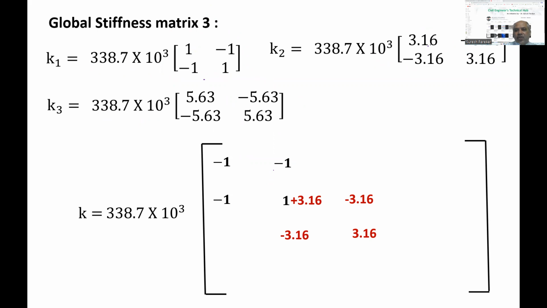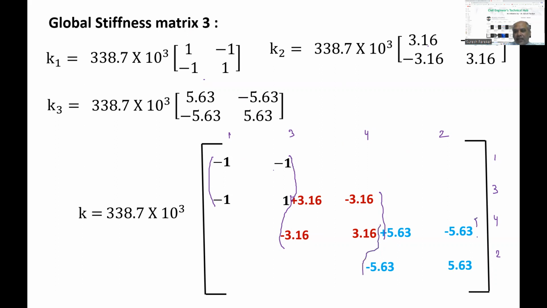Then we have 3.16, minus 3.16, because we have this as 1, 3, 4, and 2. And same here, 1, 3, 4, and 2. So if you see, we have this matrix as 1, 3 related, this red matrix as 3, 4, and third that is of 2, 4, or 4 and 2, I will say. And then we have to add this.